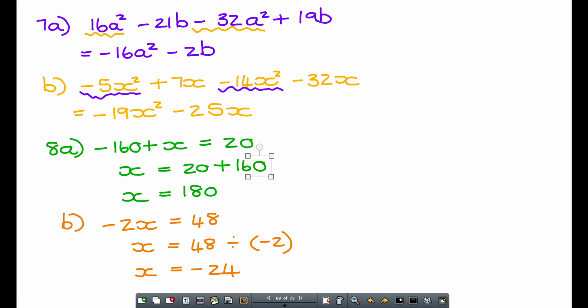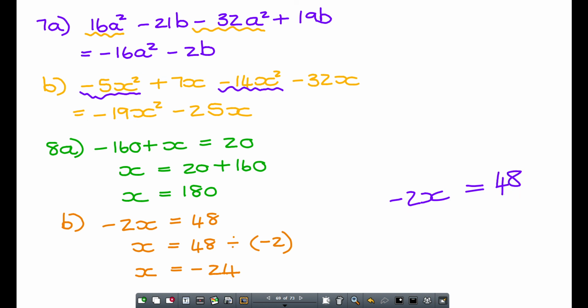Okay. Right, then at B, minus 2x. Now, what does that minus 2 in front of the x actually mean? It's minus 2 times x. So if I take it to the other side, it becomes divided still by minus 2. So another way of looking at it, and some kids like rather writing it like this, minus 2x equal to 48.